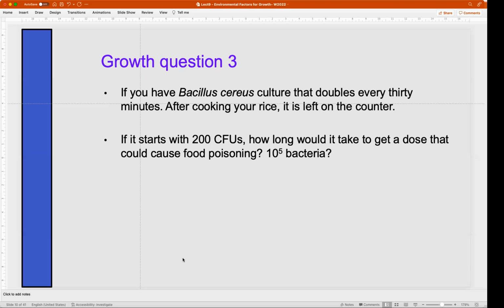I didn't get the question. What is the question? If you have 200 colony forming units and it doubles every 30 minutes, how long before it ends up being 1 times 10 to the 5? So that is 100,000.